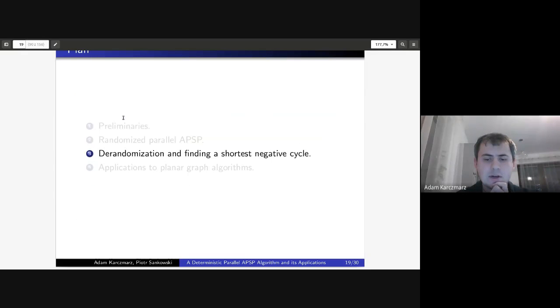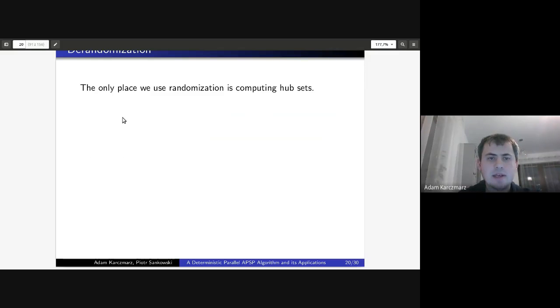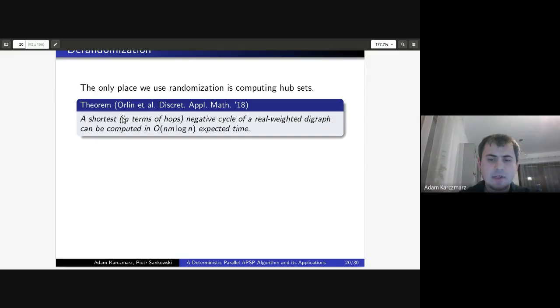And now let us talk about how to de-randomize this algorithm. Observe that the only place we used randomization was sampling a hierarchy of subsets. It turns out there exist other results on sparse graphs that need randomization only for this particular reason.